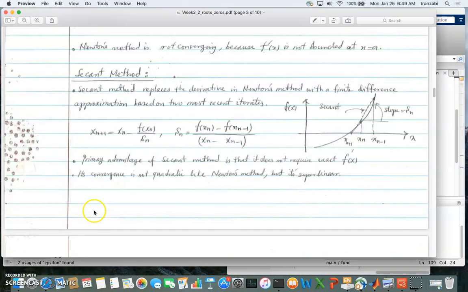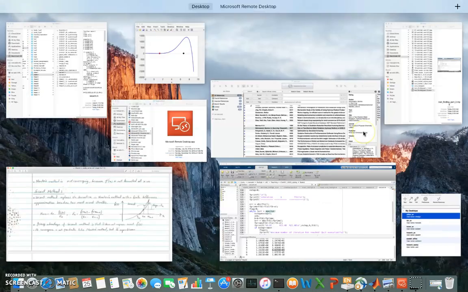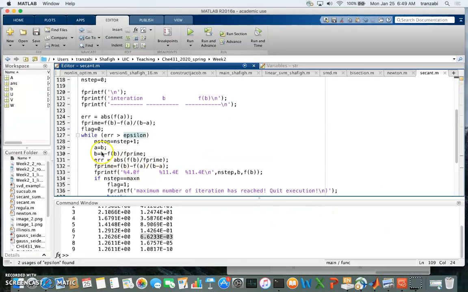In other words, let's say this is a, this is b. So we're going to replace b by a new value here, and we're going to replace a by b. So that's what I have. Equality in programming means substitution, so a is substituted by b, and b is substituted by this expression. Okay?